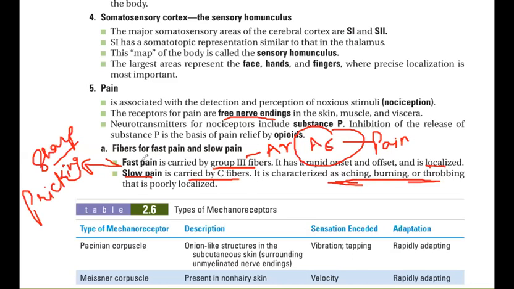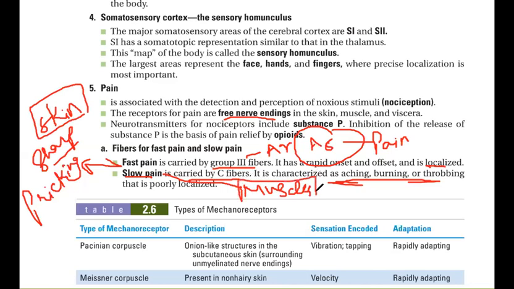So fast pain is basically because of the stimulus on the skin. The fast pain is because there is a destruction or distortion in your skin, but the slow pain is because of destruction and distortion in your muscles. It is deeper.